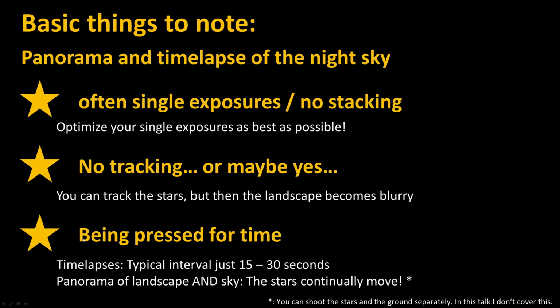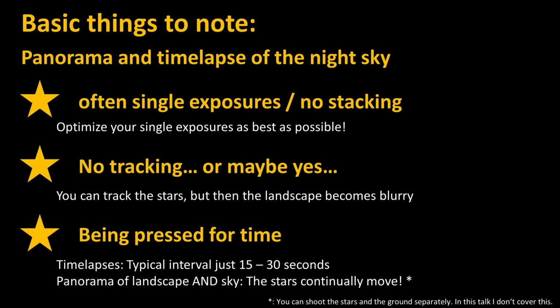And typically you are pressed for time, because for time lapses you have intervals. Each single exposure is going to take a certain time, and after a certain interval comes the next exposure. And if you want to do any changes, any adjustments, you only have a certain amount of time to do those.